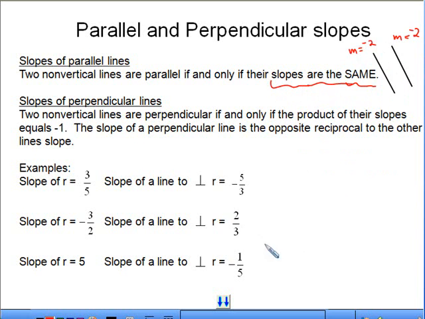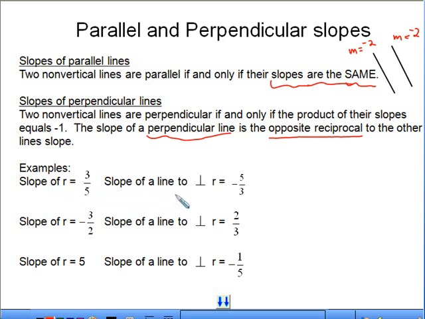Now slopes of perpendicular lines: the product of their slopes has to equal -1. So what I like to say is that perpendicular lines have slopes that are opposite reciprocals. So for example, let's say the slope of the first line is 3/5.